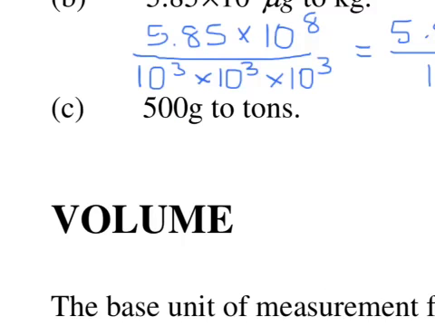So let's now choose a different colour for this one. We want to convert 500 grams to tonnes. So 500 can be written in scientific notation as 5 by 10 to the power 2.